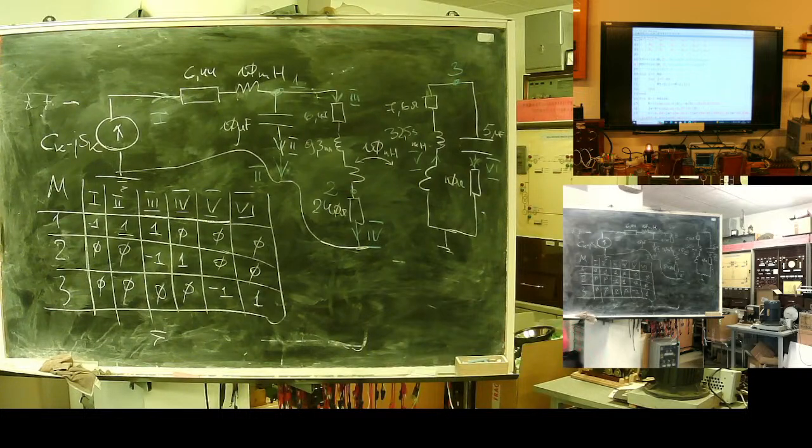ZS, it's from Latvian, zaru skaits, number of branches. MS, mezglu skaits, number of nodes. Size is a measuring operator. I have measured number of columns and number of rows in my matrix. This will give me number of branches, number of nodes. I just don't want to think.